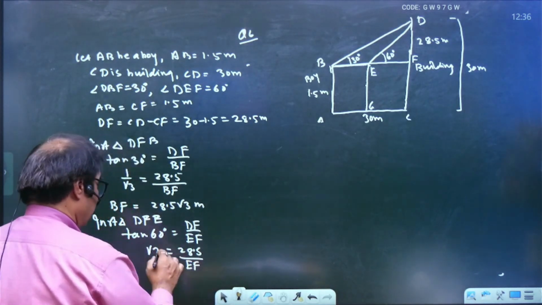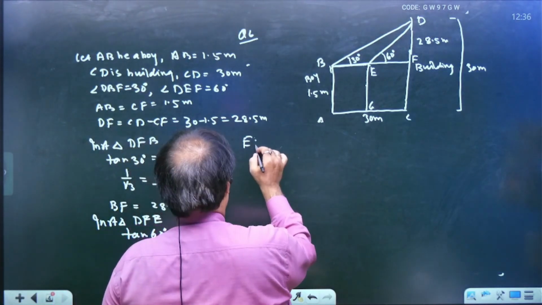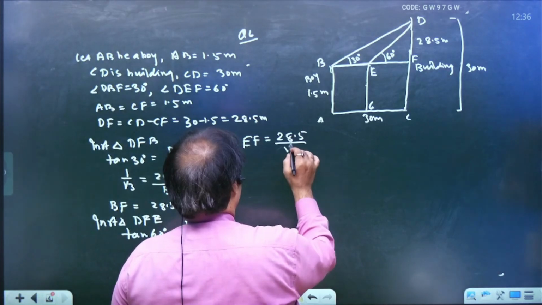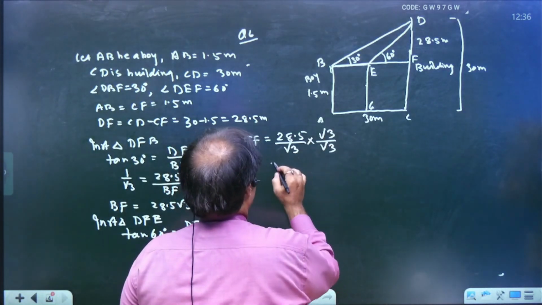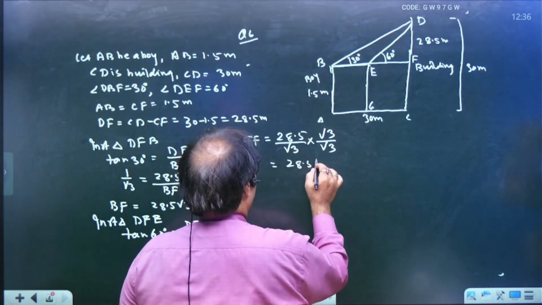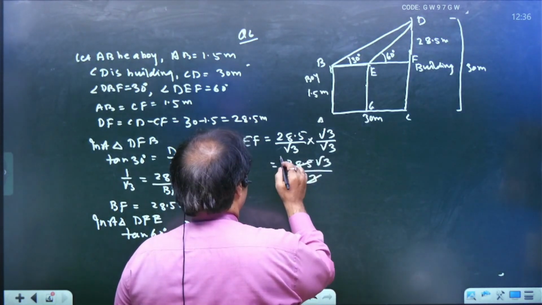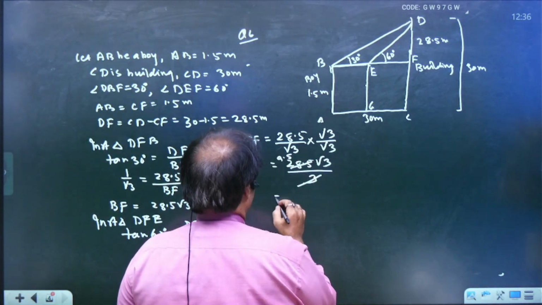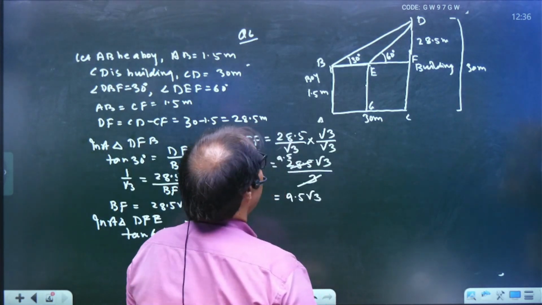By cross multiplication, the value of EF is equal to 28.5 divided by root 3, and now rationalize it. So this is equal to 28.5 root 3 divided by 3. Cancel out: 3 nines are 27, and 9.5 root 3. So this is the value of EF.